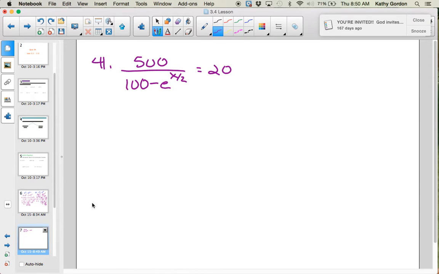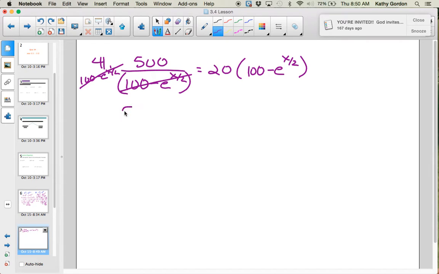The first thing is to get it out of the denominator by multiplying both sides by that denominator. That allows us to cancel it here, but I didn't make it disappear. We're canceling on one side, but it's still over there on the other side.